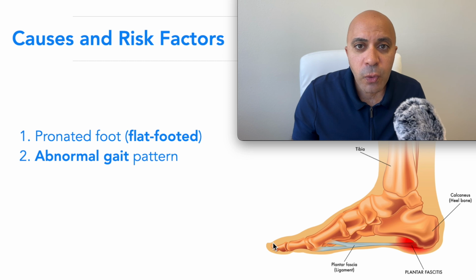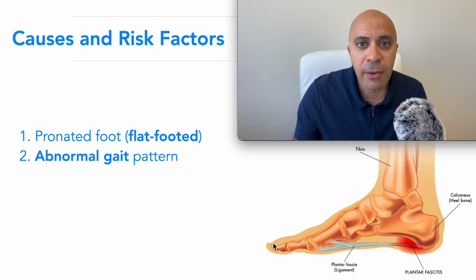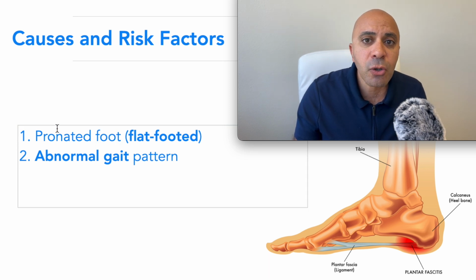So one of the causes is pronated foot or flat feet. I personally had plantar fasciitis before, I treated it effectively around 10 years ago. And I had pronated foot. Some patients, we can correct the pronation of the foot. Other patients, it's not possible to correct it.